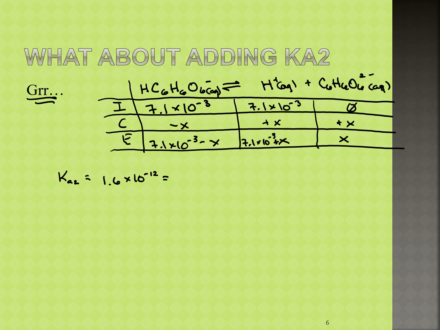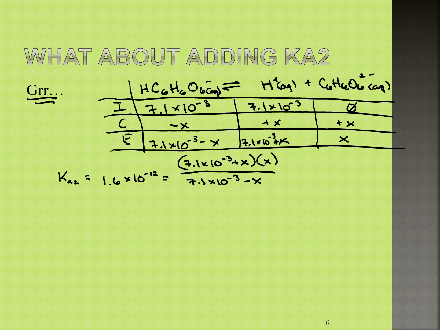Okay, so it's going to be our H plus, which is 7.1 times 10 to the minus third plus X, times X, divided by 7.1 times 10 to the minus third minus X. All right, now I'm going to rearrange some stuff here, and move the denominator over to the left-hand side.